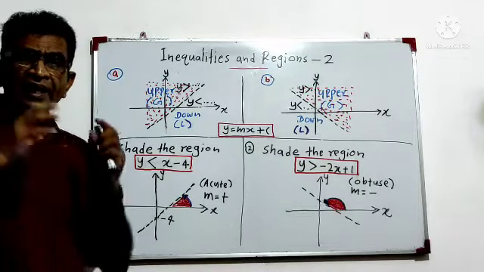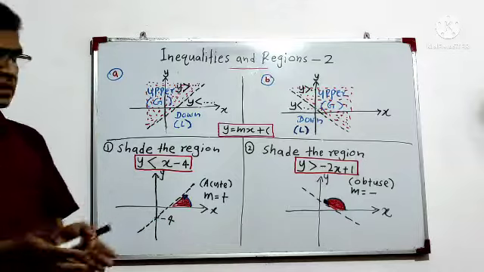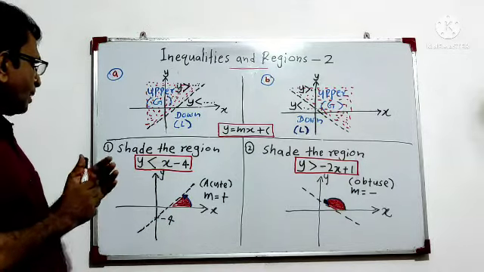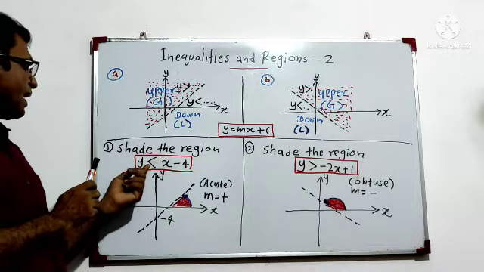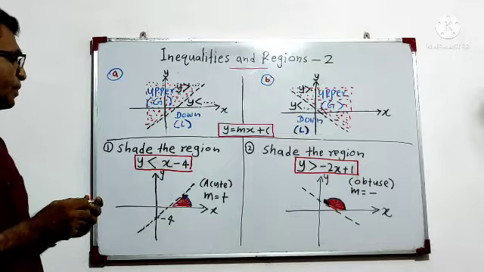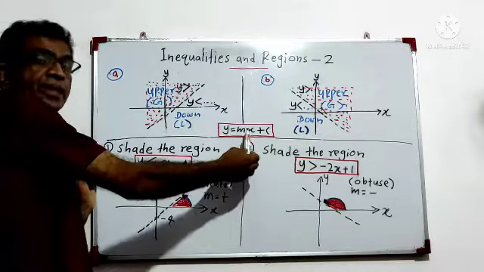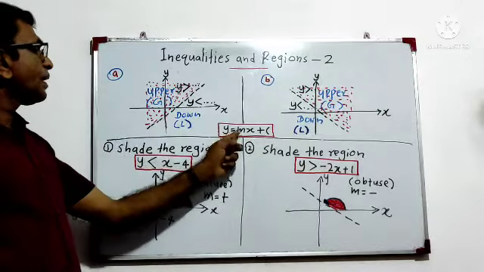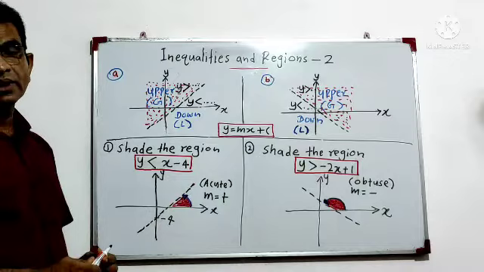So I will explain two examples of how to shade the region. Question number 1: shade the region y less than x minus 4. If you take y equals mx plus c, m is the gradient, c is the intercept of the straight line.